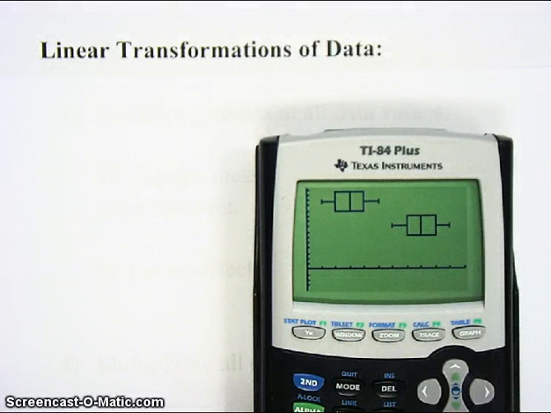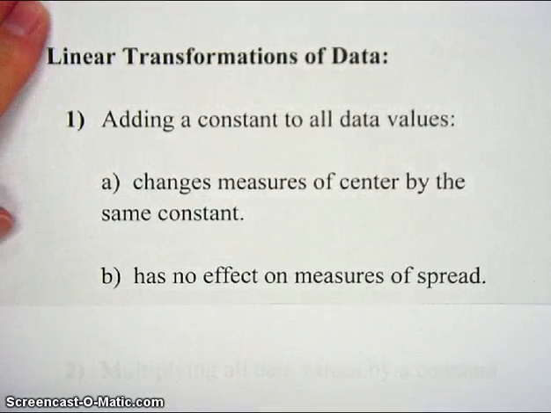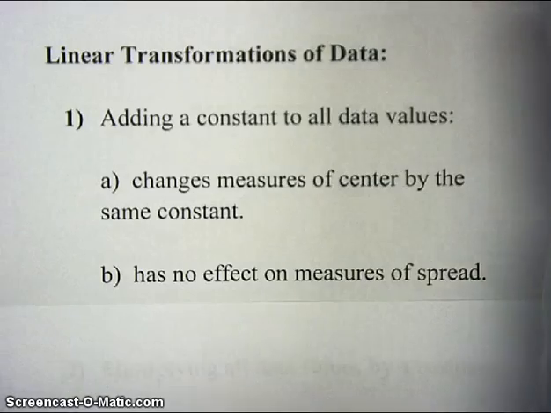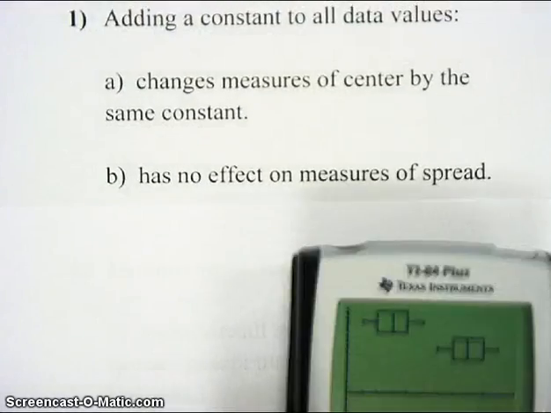So adding a constant changed the measures of center, but it did not change the measures of spread. So that's the first takeaway from that. Okay, adding a constant to all data values changes measures of center by the same constant, but has no effect on measures of spread. Now let's see what happens if we multiply all of our data values by a constant.